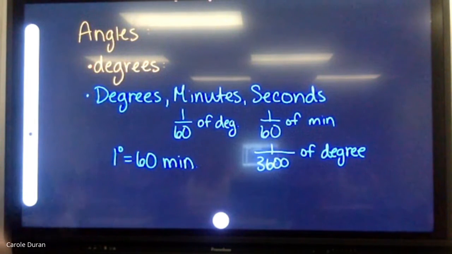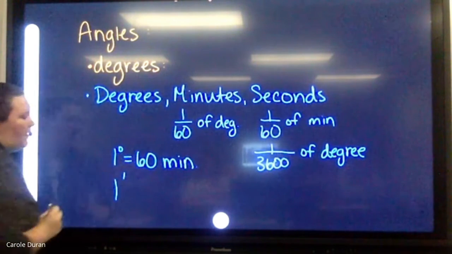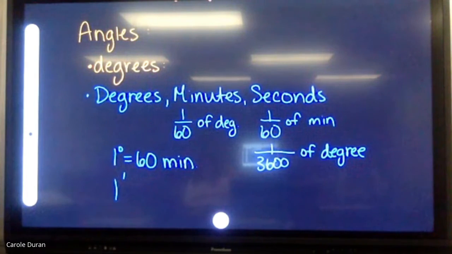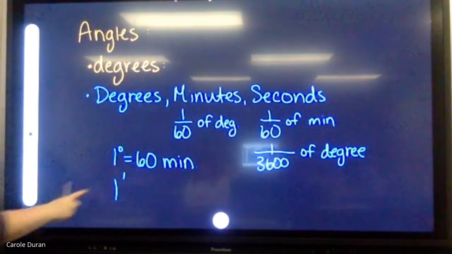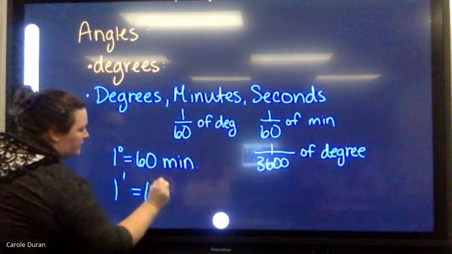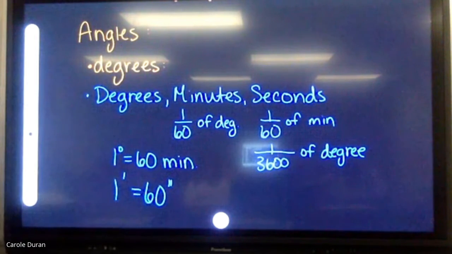And another way of thinking about that or writing it is that a minute is 1 apostrophe. So 1 minute equals 60 seconds, which would be a double apostrophe.